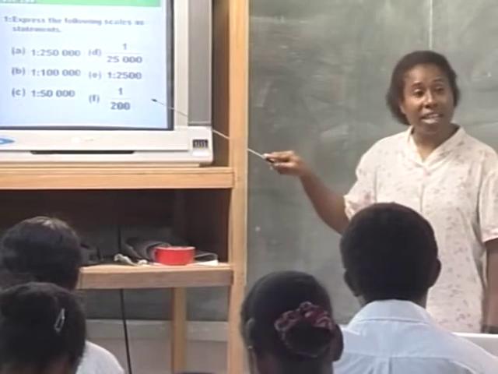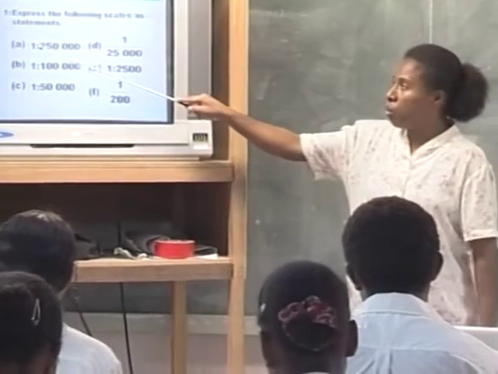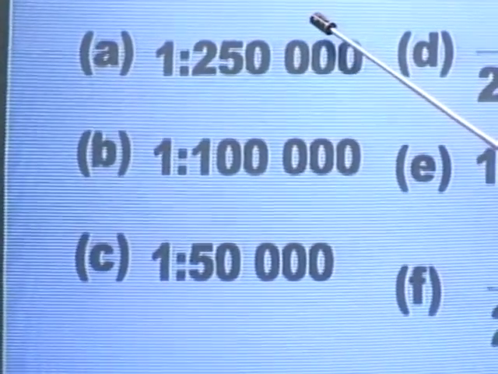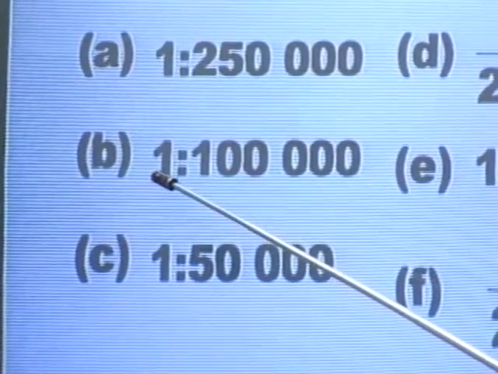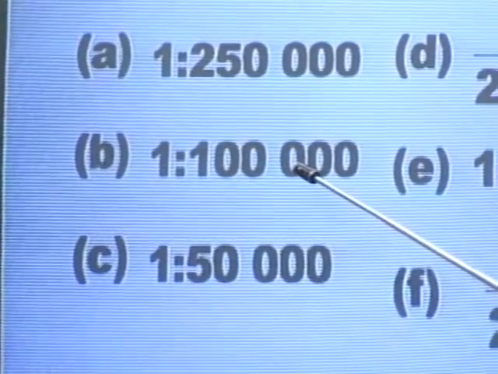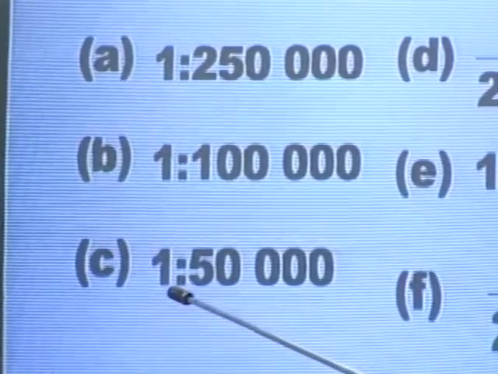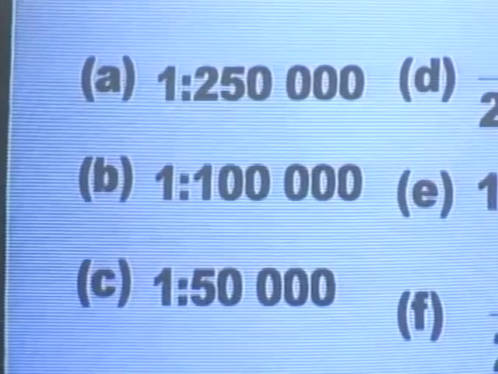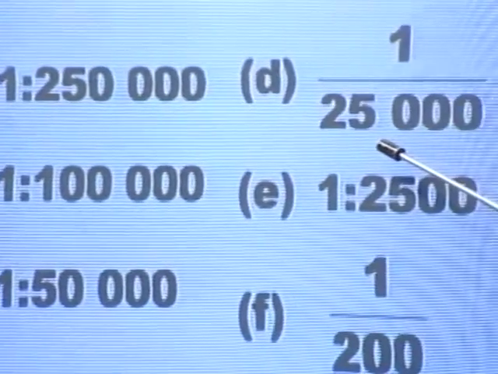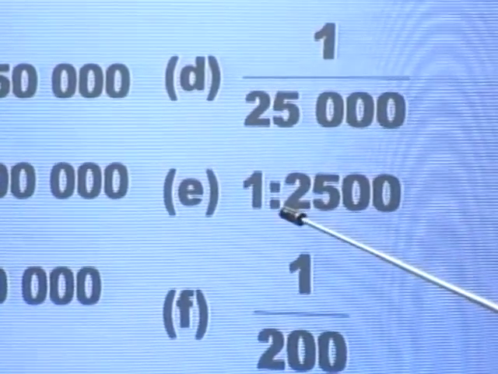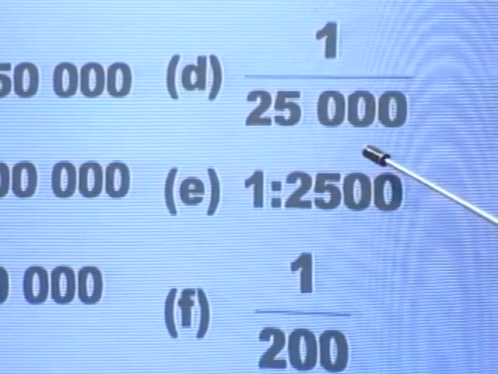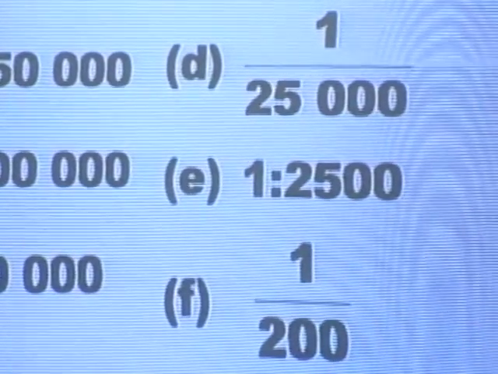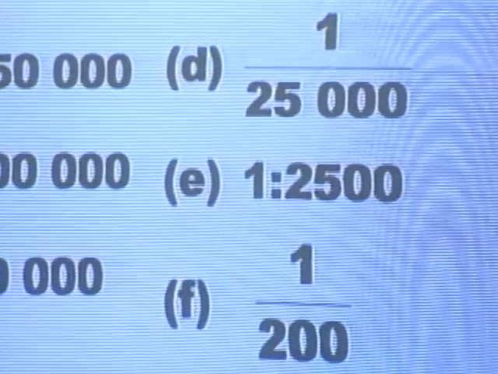So if we had to write it in the second statement form, second example, 1 centimeter will be equivalent to 250,000 centimeters. 1 centimeter is equivalent to 100,000 centimeters. 1 centimeter is equivalent to 50,000 centimeters. 1 centimeter is equivalent to 25,000 centimeters. 1 centimeter is equivalent to 2,500 centimeters. And 1 centimeter is equivalent to 200 centimeters. So the same unit of measurement.